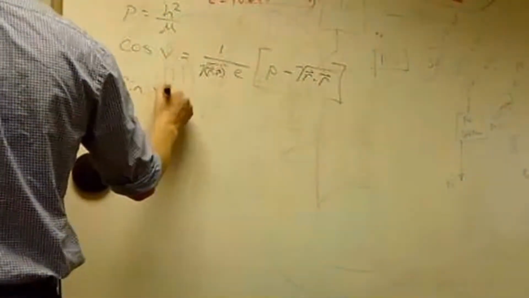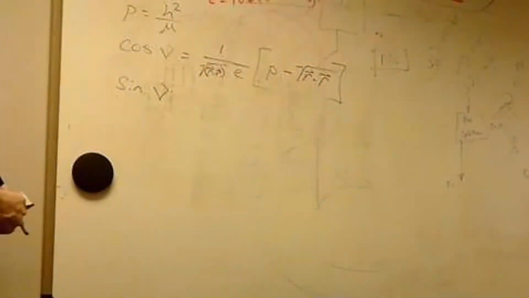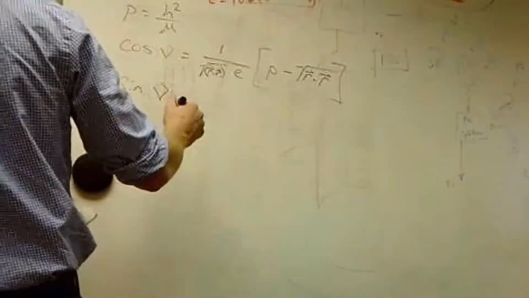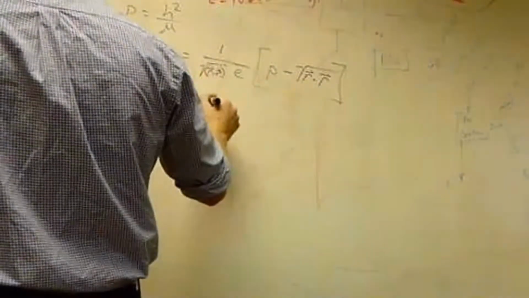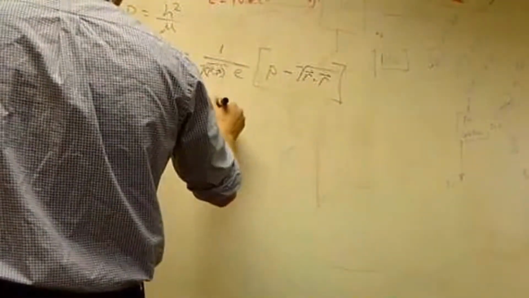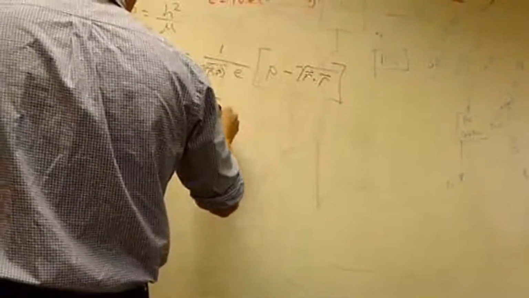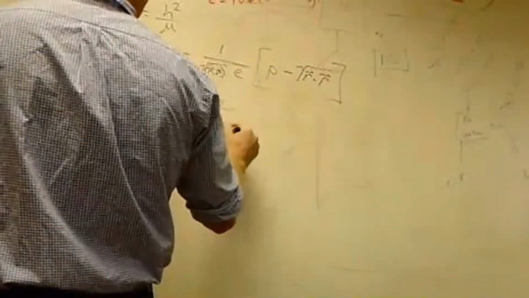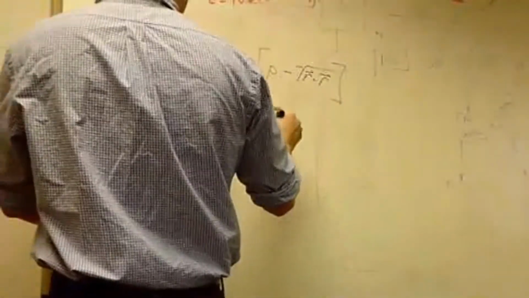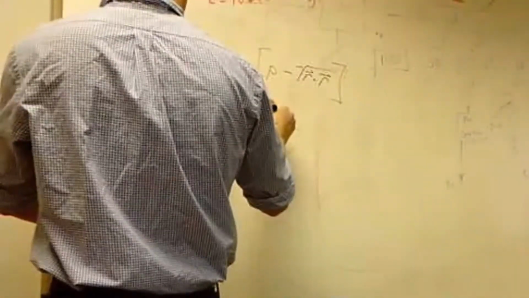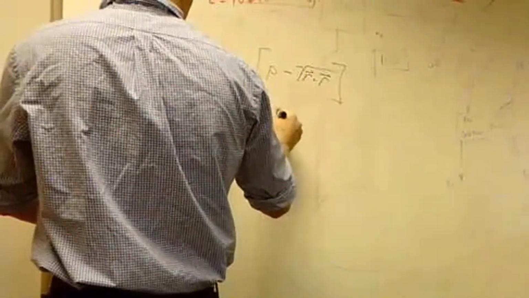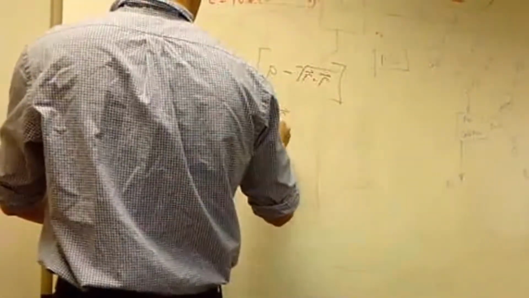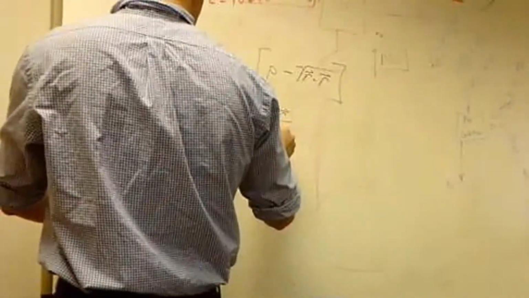Our sine is going to be semi-latus rectum over magnitude of the angular momentum, eccentricity, and then R dotted with R over the magnitude.